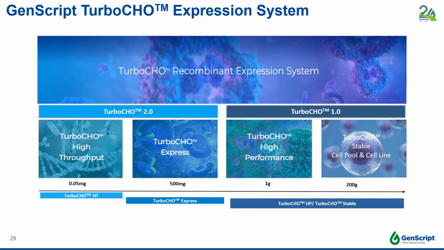Genscript has launched its own proprietary TurboCHO platform, which offers higher yield performance within shorter time periods. This cost-effective production system enables small to larger scale antibody production, meeting your requirements at different research stages.